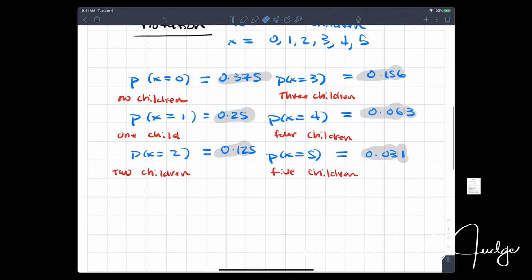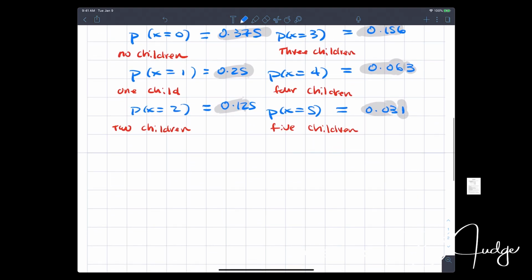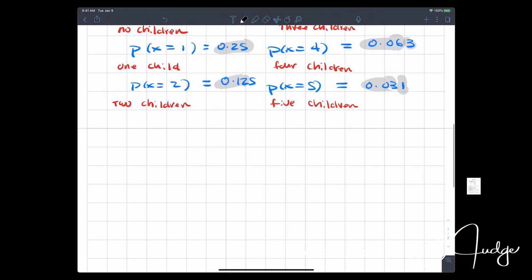Now, of course, you guys know questions that I like to ask, questions that are typically asked, look a lot more like this. They're going to say, what's the probability of selecting, here we go.